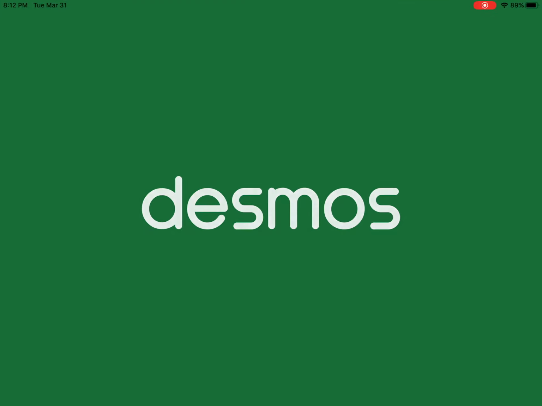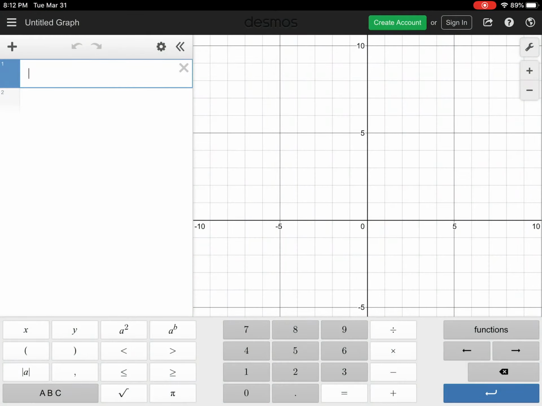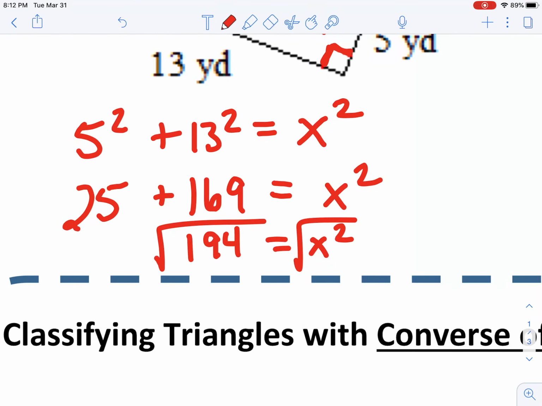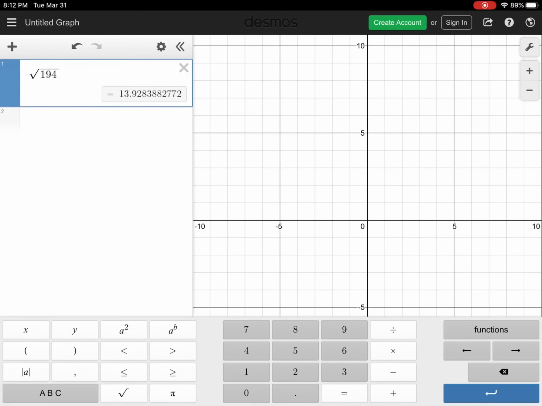Let's see. Okay, so square root of 194. Did I do something wrong here? Let's check my math. 5 squared plus 13 squared. Why am I second guessing myself here?